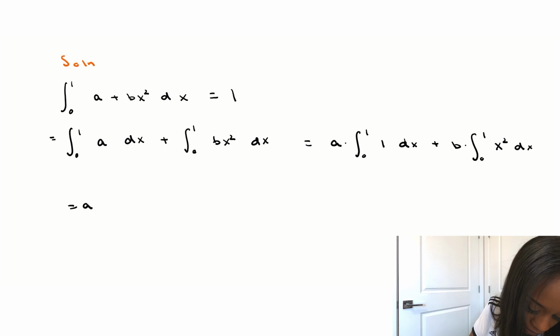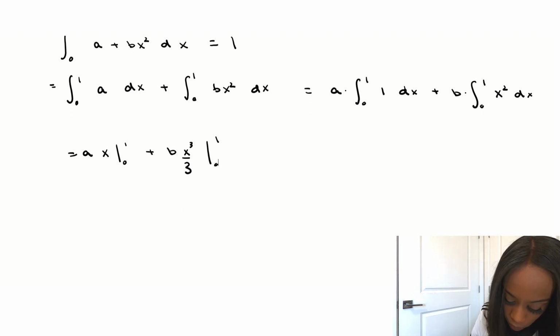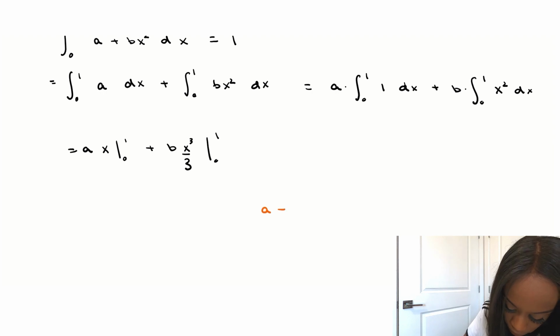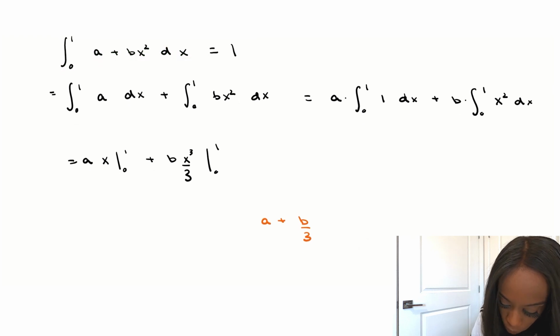So we have a times the integral of 1, which equals x from 0 to 1, plus b times the integral of x squared, which equals x cubed over 3 from 0 to 1. Plugging in our bounds, we get a plus b over 3. And initially, we set this integral equal to 1, so this equals 1.